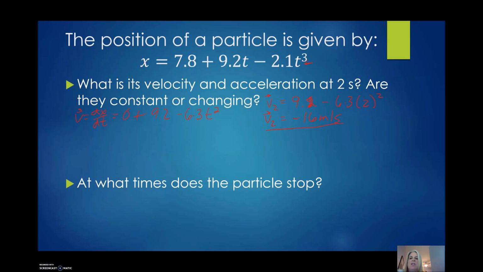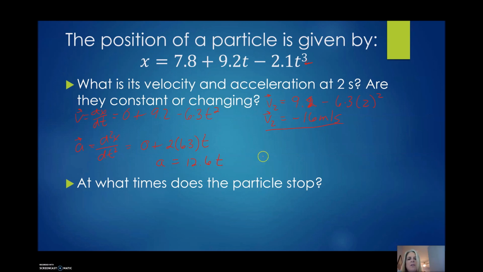How about acceleration? If we take our second derivative, acceleration is the second derivative of x with respect to t. So we take a derivative of this, that becomes 0. We bring the 2 in front, 2 times 6.3, and that becomes just t. So our acceleration equation then is 12.6 times t.